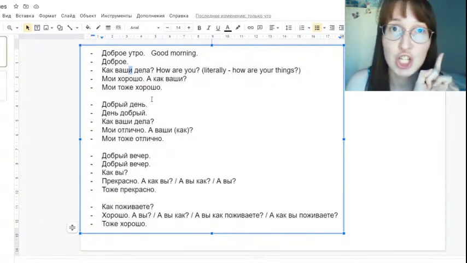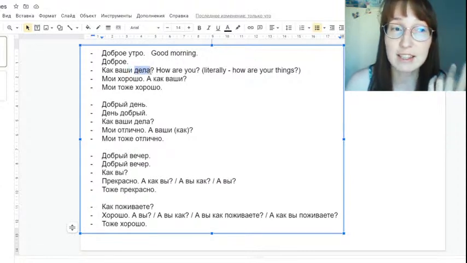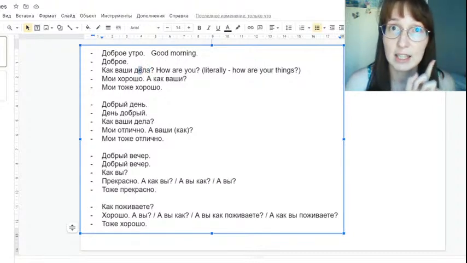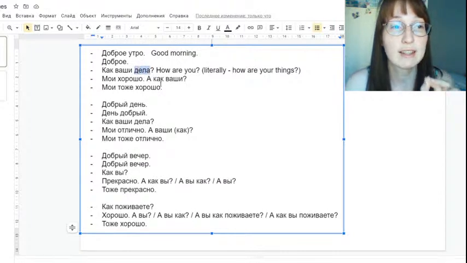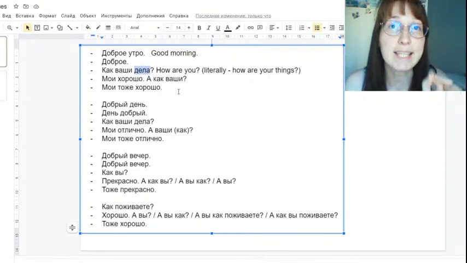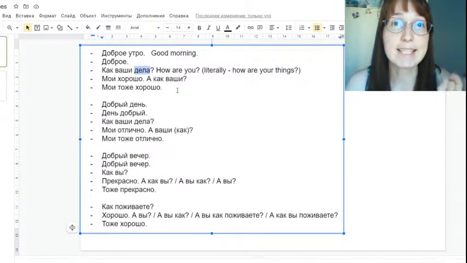Ваши. Ваши дела. This letter Е represents an И sound since it's unstressed. So we pronounce this word like дела. Как ваши дела? Okay? How are your things?